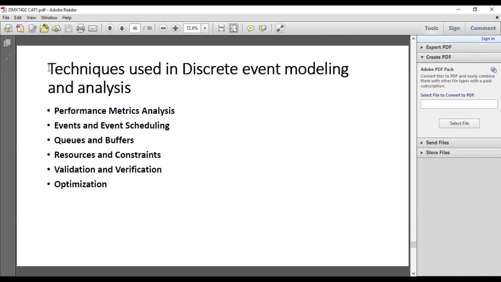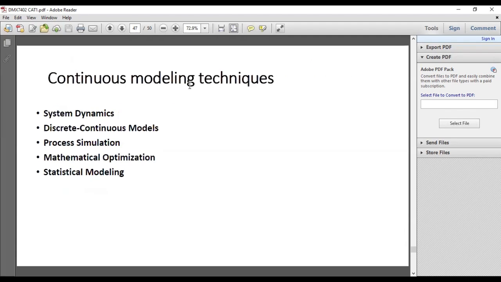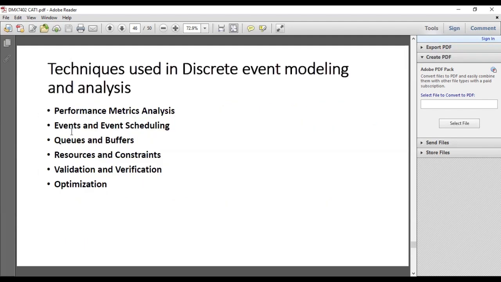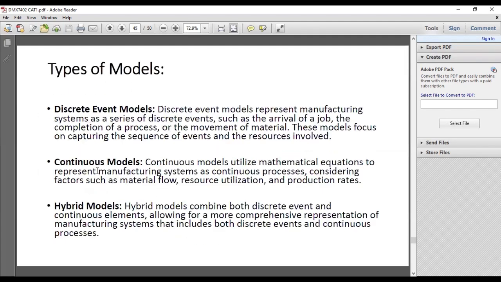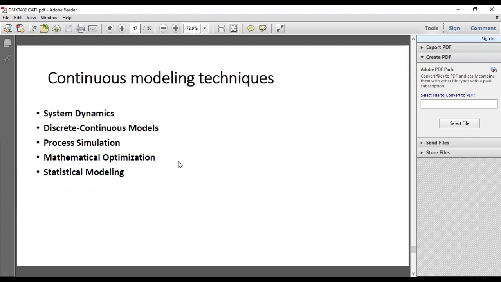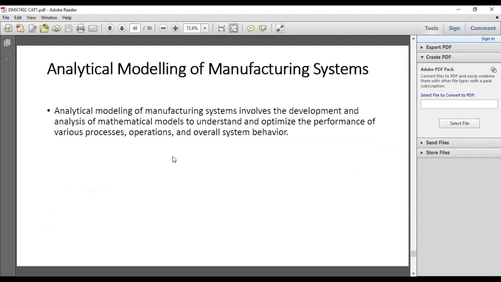You can say one technique is discrete event modeling, and another technique is continuous event modeling. Just remember these three slides.